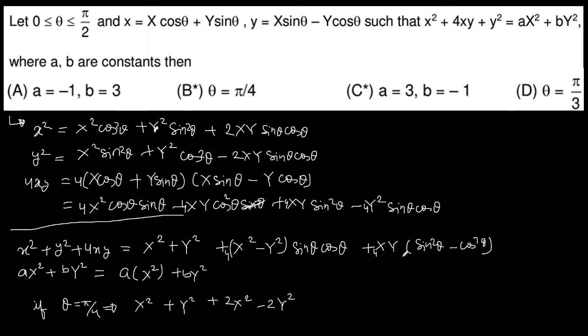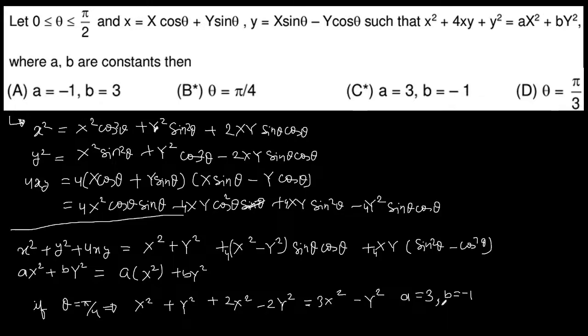This is going to be 0. Okay, and simply we are going to get 3x square minus y square. So if you compare, a is 3, b is minus 1.